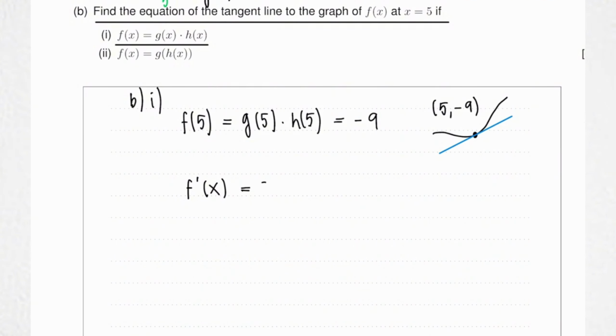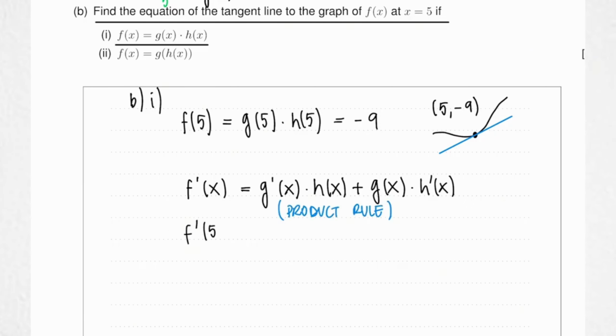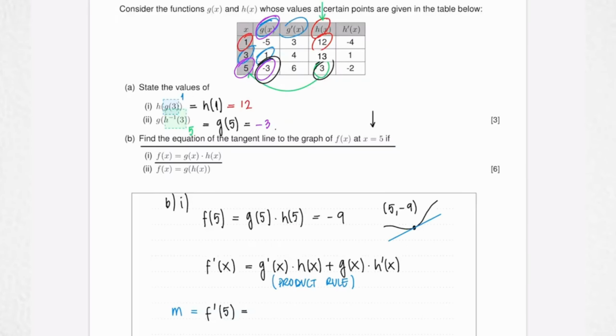Now f prime of x is g prime of x times h of x plus g of x times h prime of x. This is us applying the product rule, which means that f prime of 5, which is the slope of that blue line, is equal to g prime of 5, which is 6, times h of 5, which is 3, plus g of 5, which is negative 3, times h prime of 5, which is negative 2.